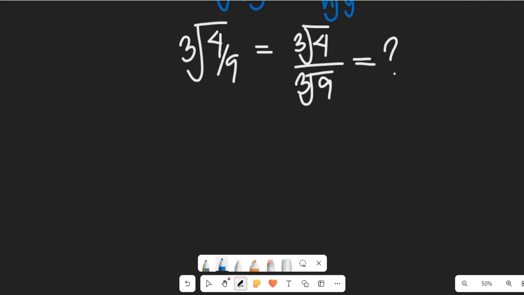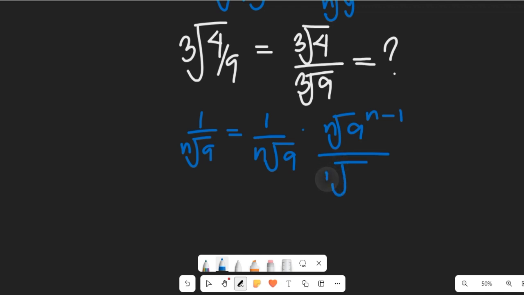If I have an expression 1 divided by the nth root of a, this can simply be equal to 1 divided by the nth root of a, multiplied by the nth root of a to the power of n minus 1, divided by the nth root of a to the power of n minus 1.